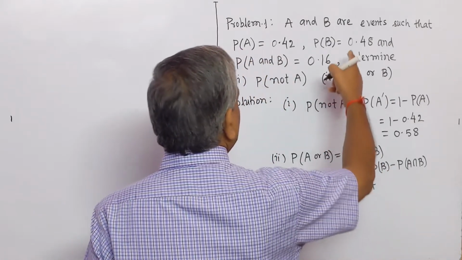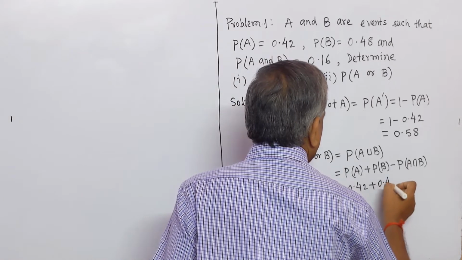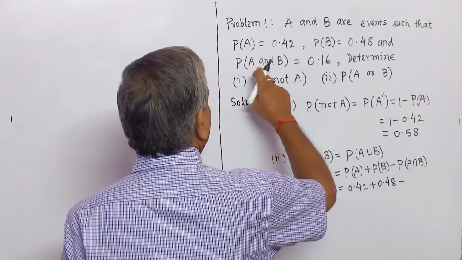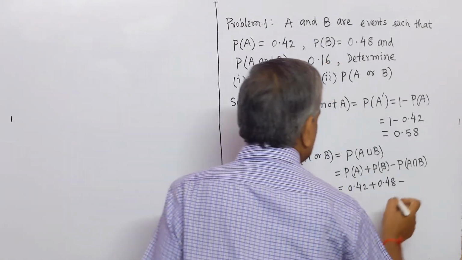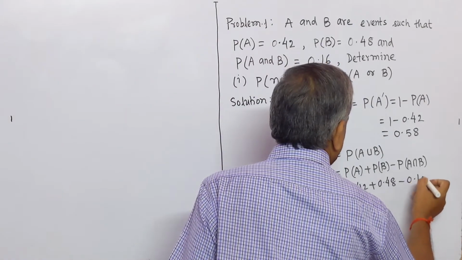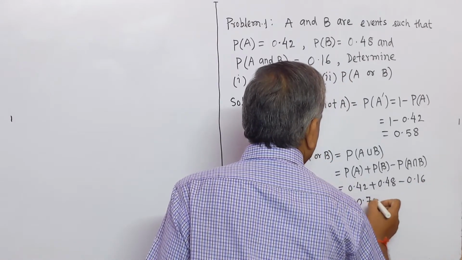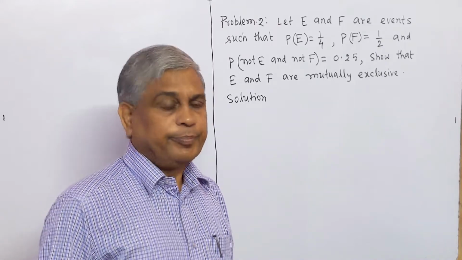Probability of B is 0.48. And probability of A and B means A intersect B is 0.16. And this is equal to 0.74. Now we solve the next problem.